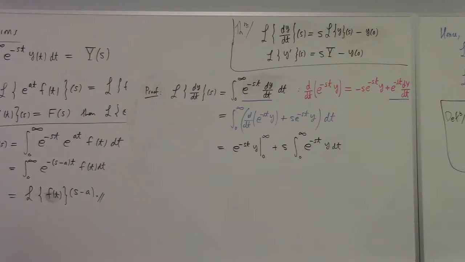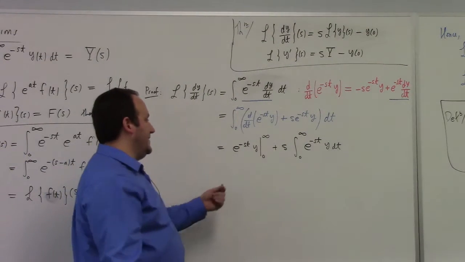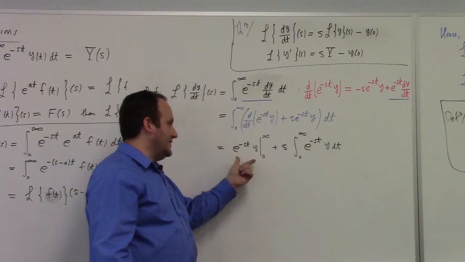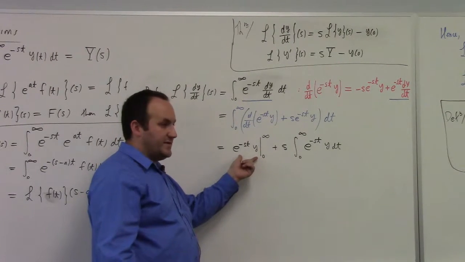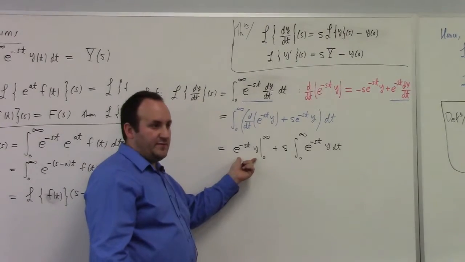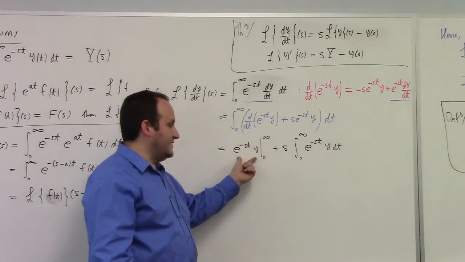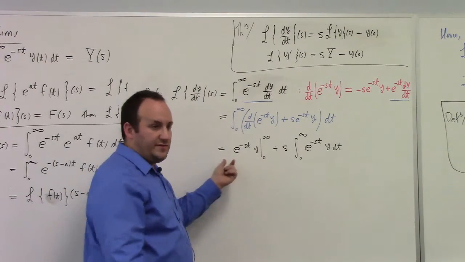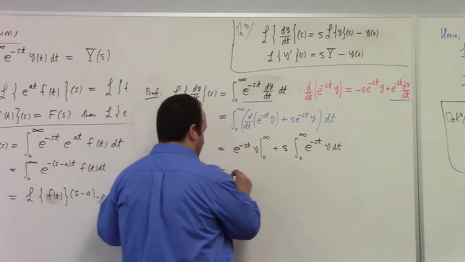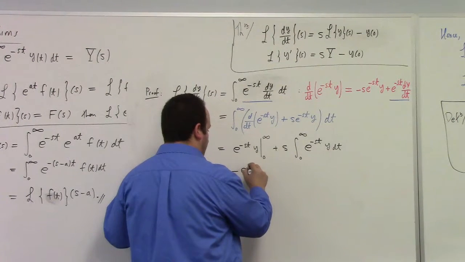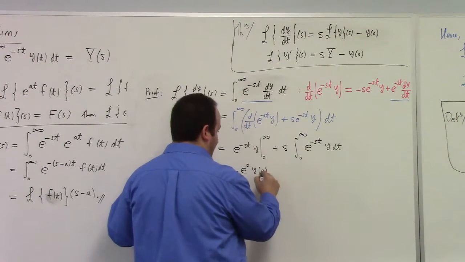If you want me to flesh out the details, why is it that the upper bound has to go to 0? Well, it's because y is a Laplace transformable function. It must be that the upper bound, when you calculate that limit, goes to 0. What that leaves us with is this thing evaluated at 0 with a minus, which is otherwise known as minus e to the 0 times y of 0.